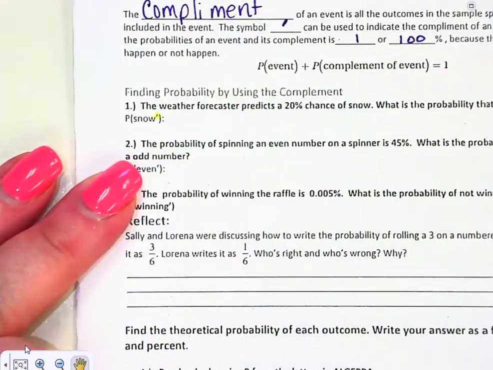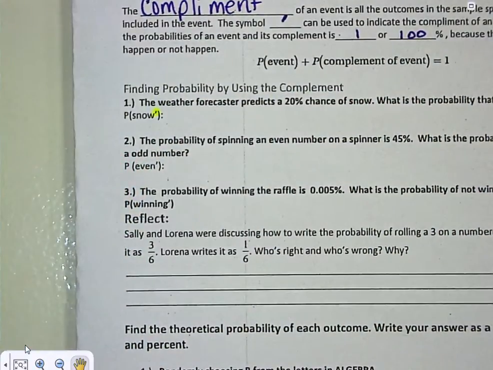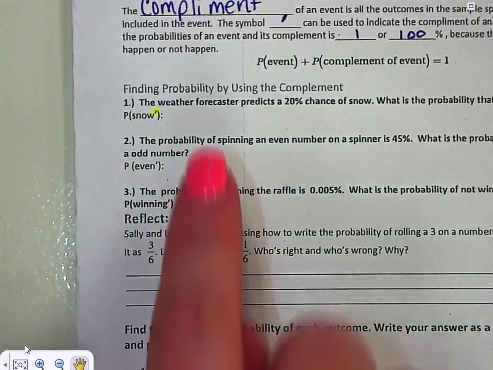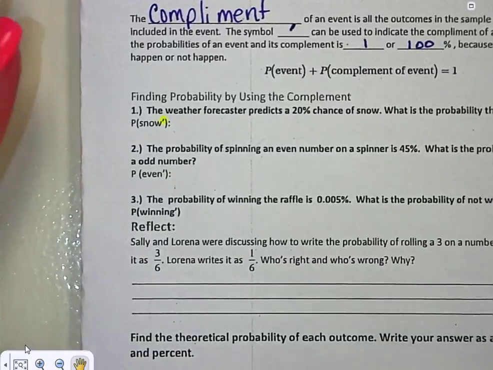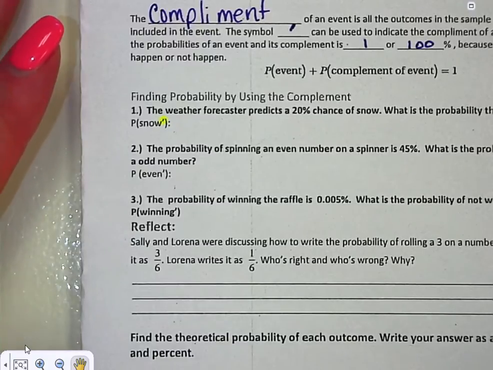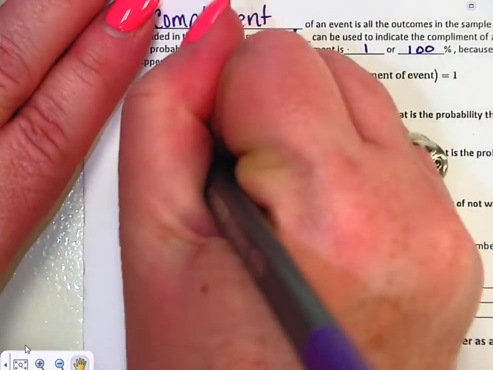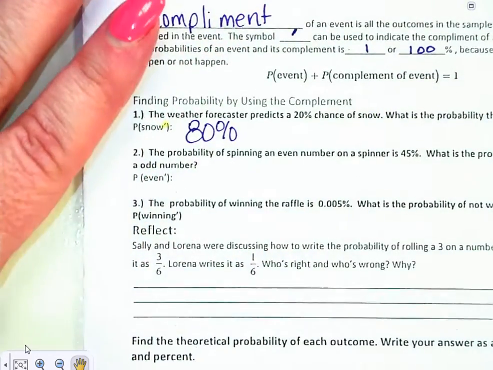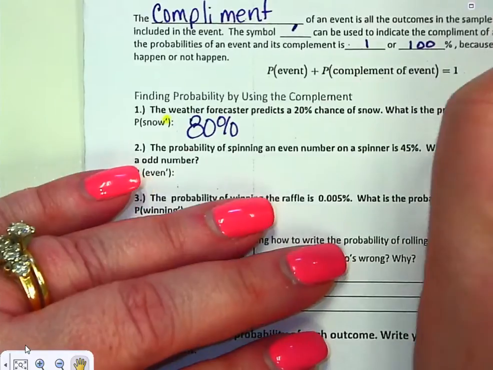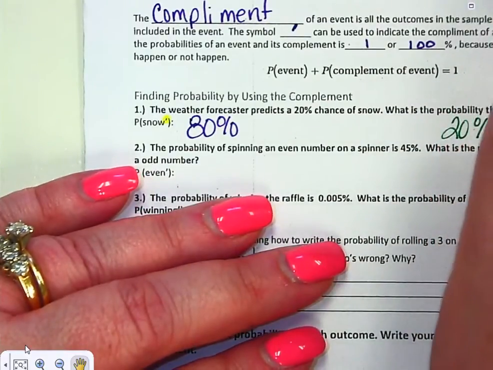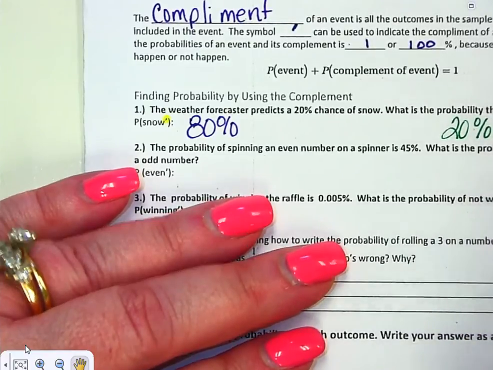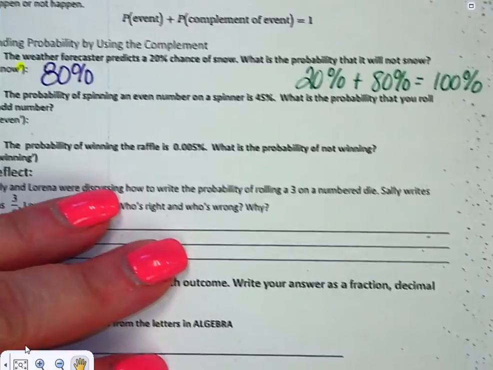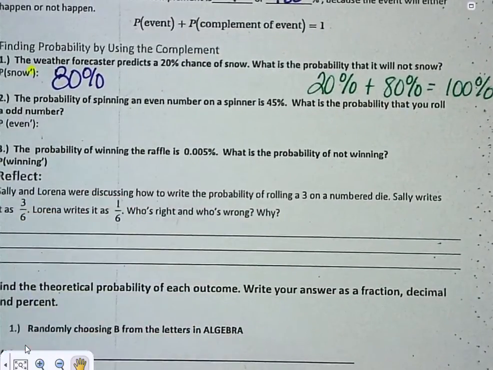This little mark right there means the complement. So if it's a 100% chance it's going to snow or not snow, and they're forecasting 20% that it will, what's the probability that it won't? 80%. So the math that we do to prove that is 20% plus 80% equals 100%. Does that make sense?